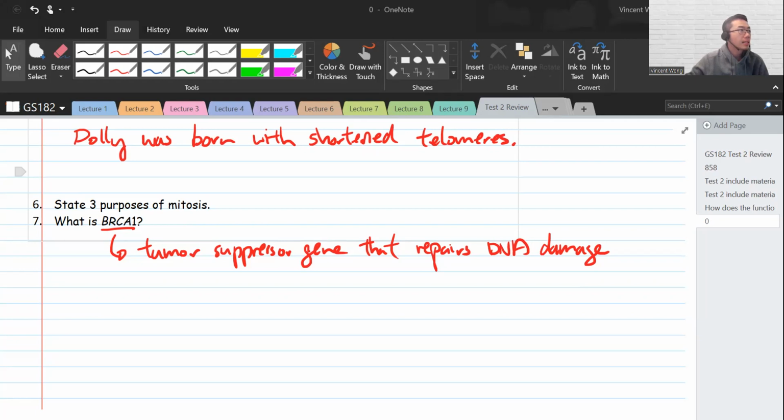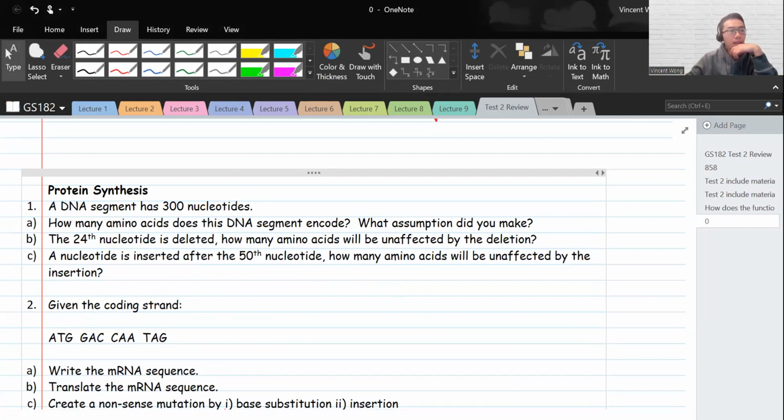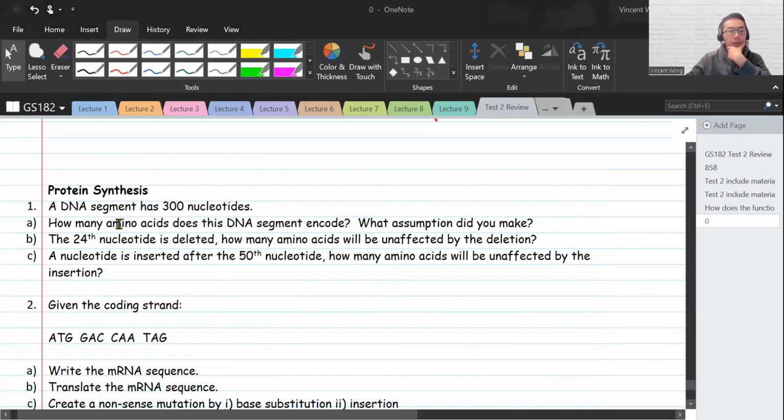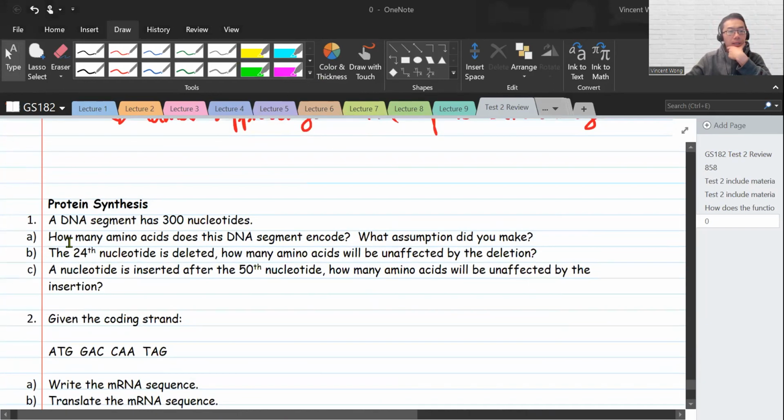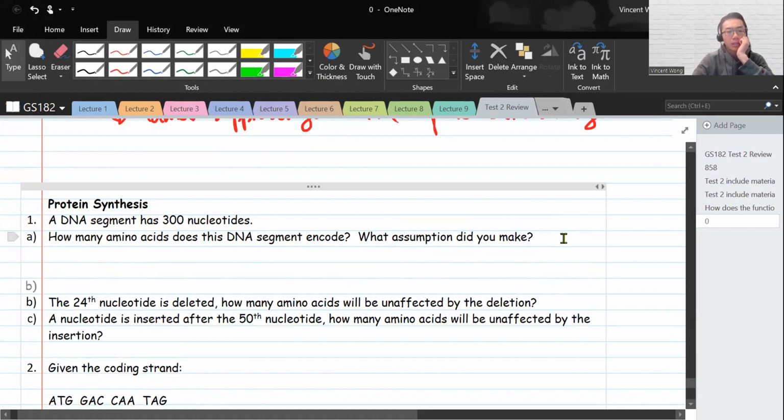Let me see. Okay, next one is the protein synthesis here. So what have we got here? A DNA segment has 300 nucleotides. How many amino acids does this DNA segment encode? What assumption did you make?